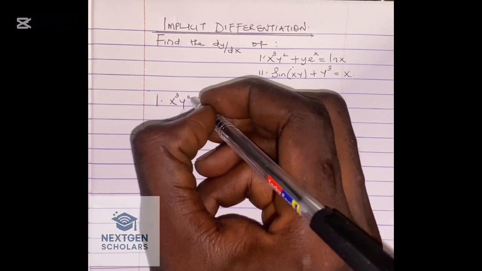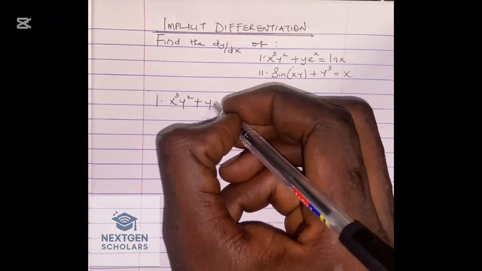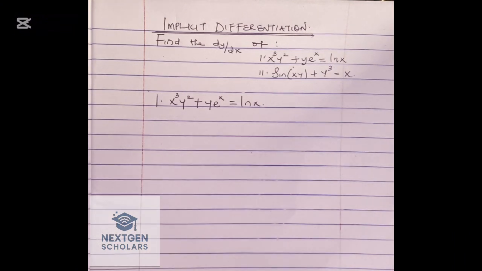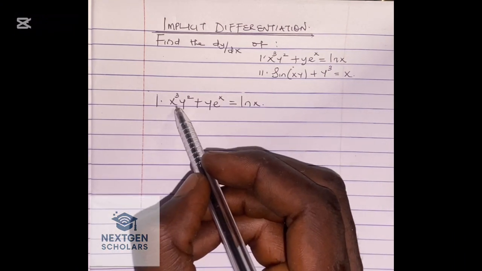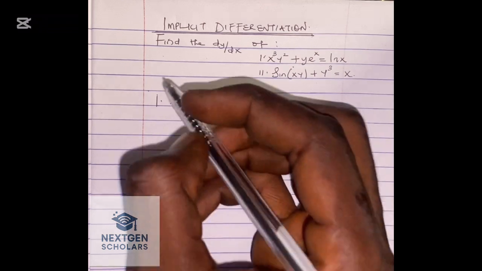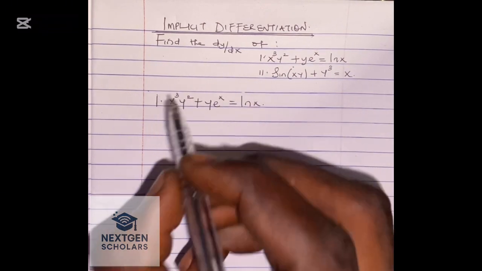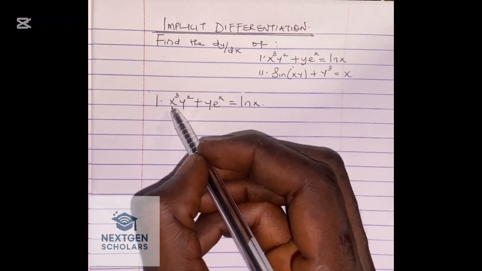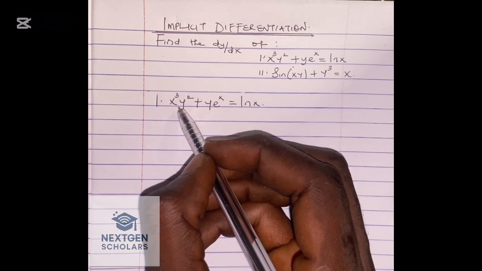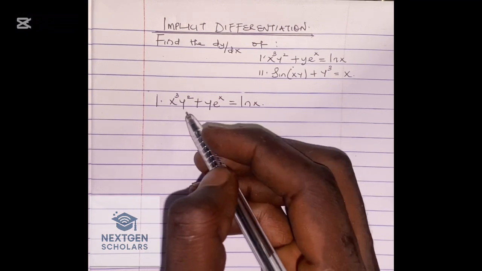The first question: x cubed y squared plus y e to the x is equal to ln x. We know that this is a product of two functions, so we have to use the product rule here. The product rule says that we differentiate the first function and keep the second one, then keep the first function and differentiate the second one.